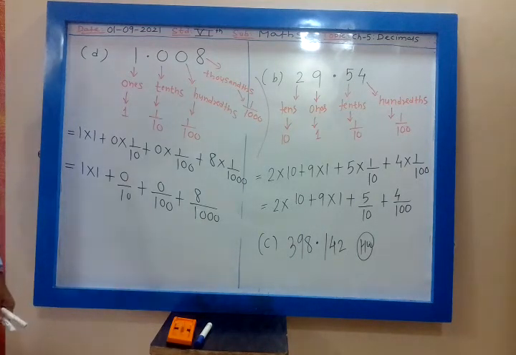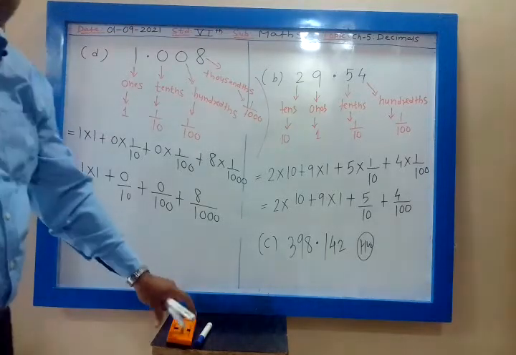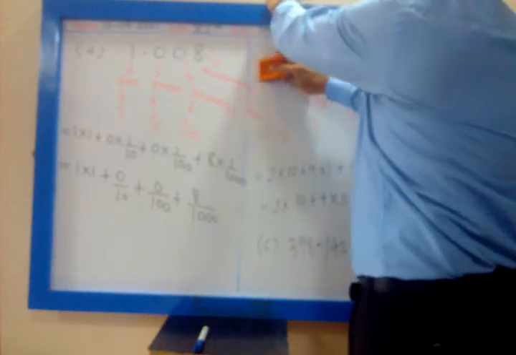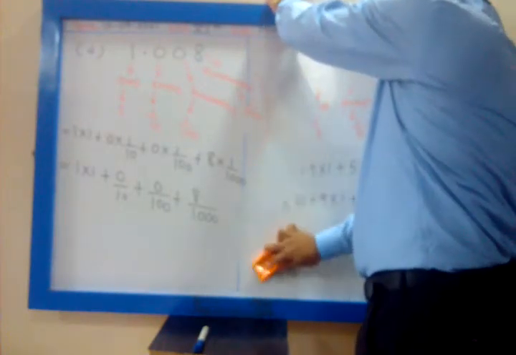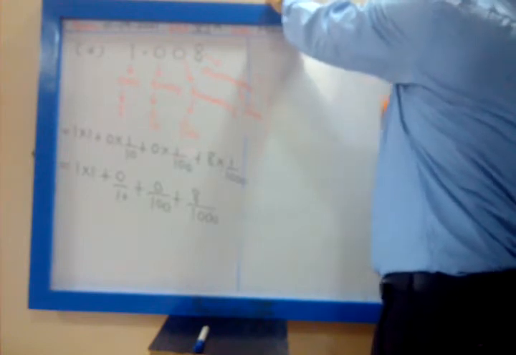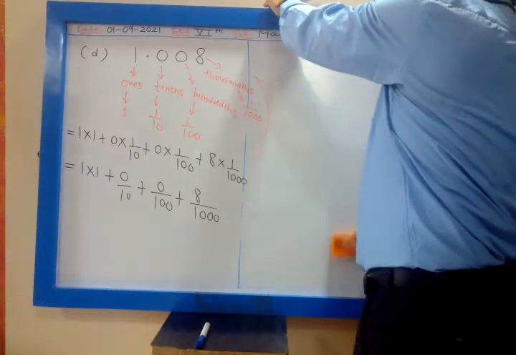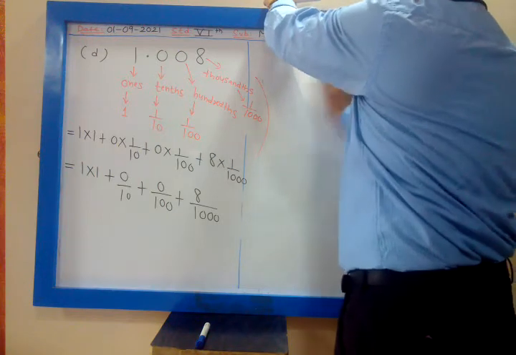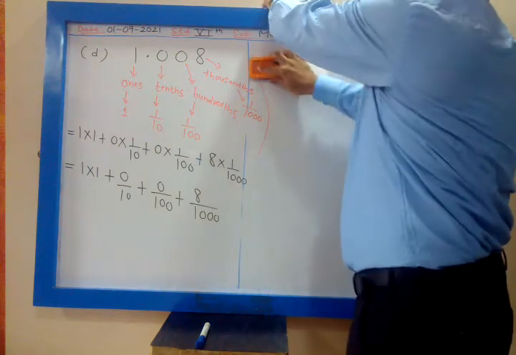Now next is write the short form of the following. Sixth one. Short form means from the expanded form you have to write down the number. And in the fifth one we have done from the number how to write the expanded form. Now sixth one.